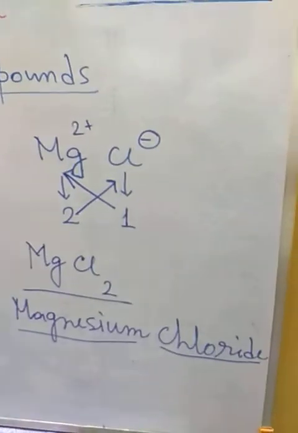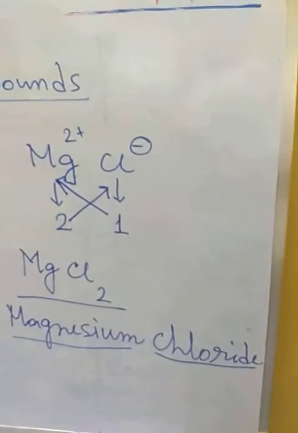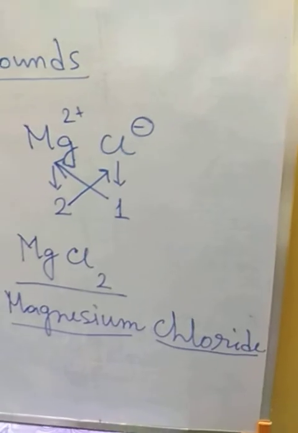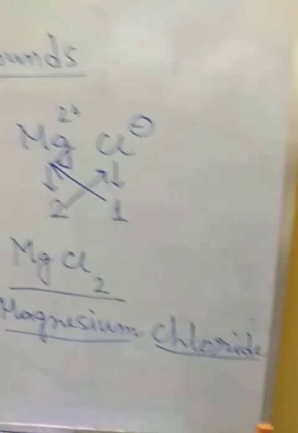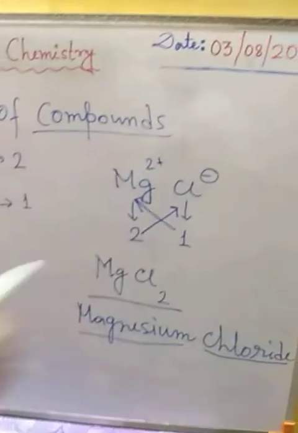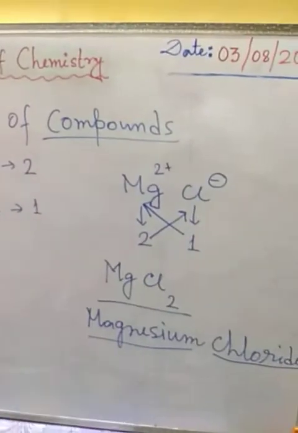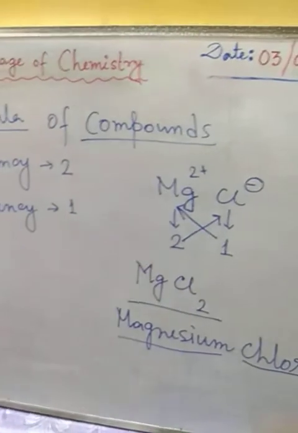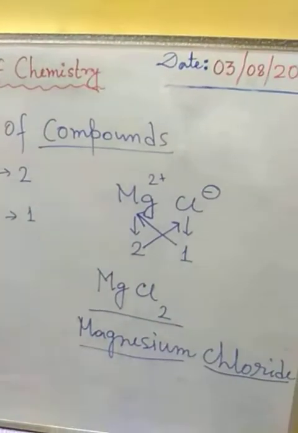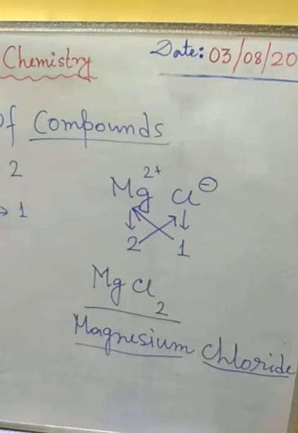For every compound, the first part, the metallic part, will not change its name, whereas the non-metallic part will change its name. So magnesium chloride. For sodium chloride also we have seen the same thing.